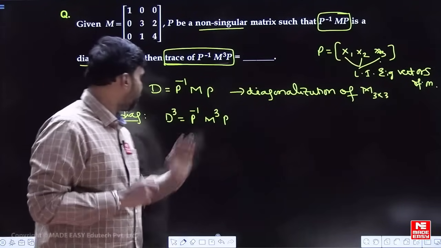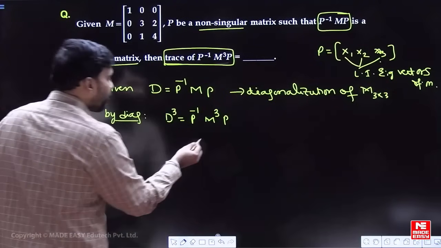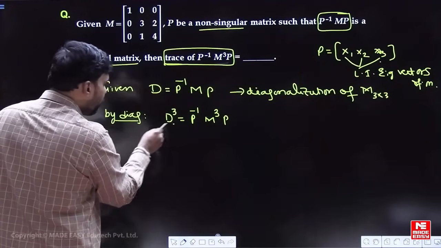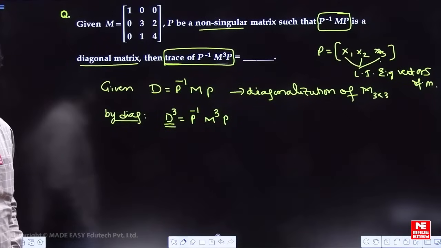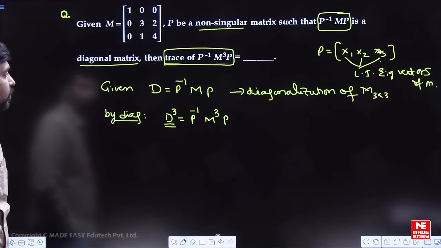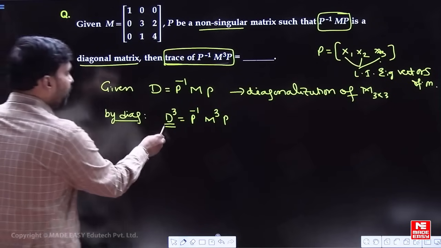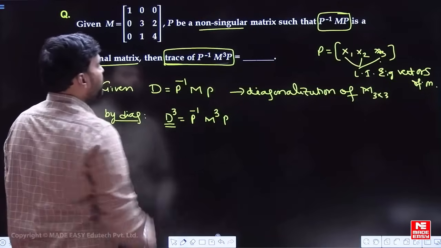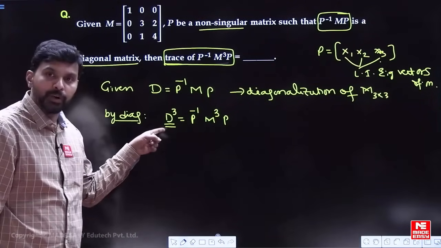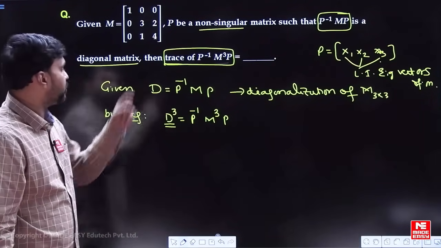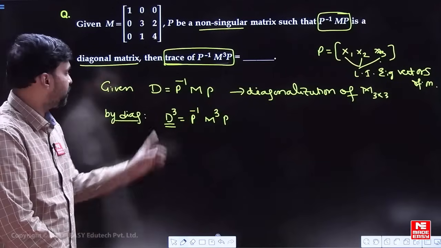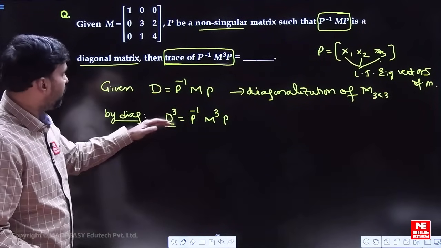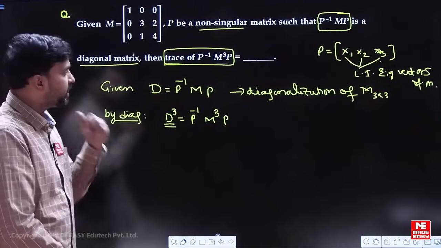So this is the point. Now what we understand here is that P inverse M cube P is giving you D cube, right or not? Now we have to find D cube and take the sum of the principal diagonal elements of this D cube, which will give you the trace of D cube, the trace of this P inverse M cube P. So for this we need D, so how do we find D?